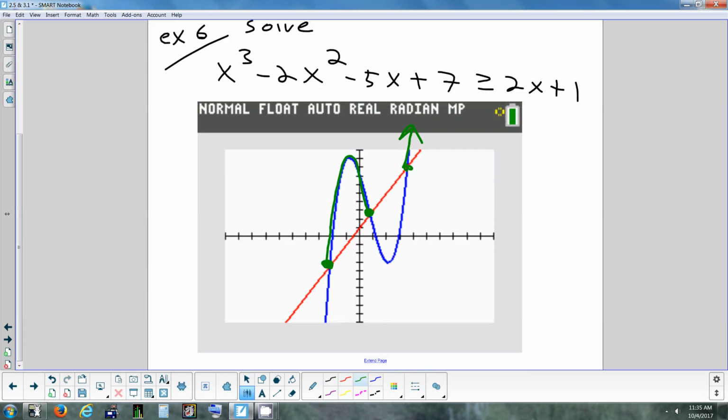Okay, so let's just call this intersection point A. Let's call that B, and let's call that C. So we don't have to go through on the calculator and find them all. How would you write the interval between A and B, keeping in mind that symbol?